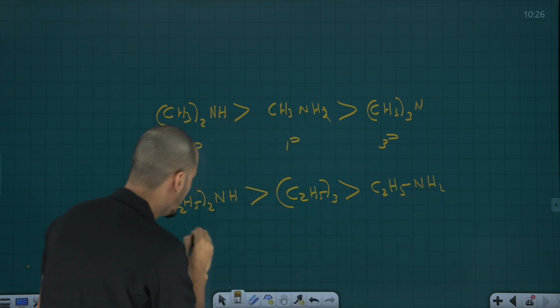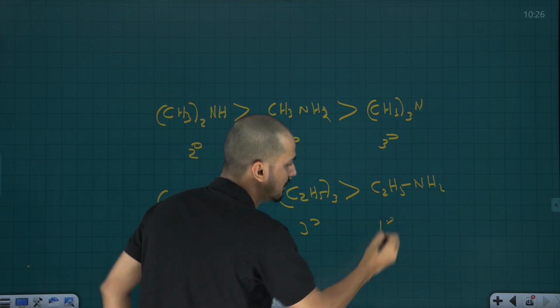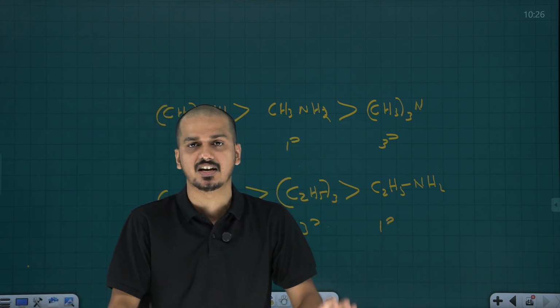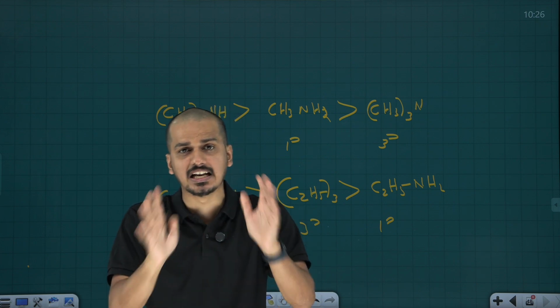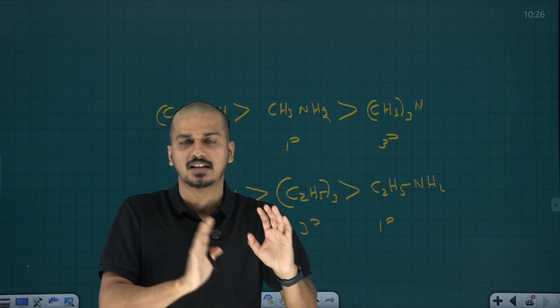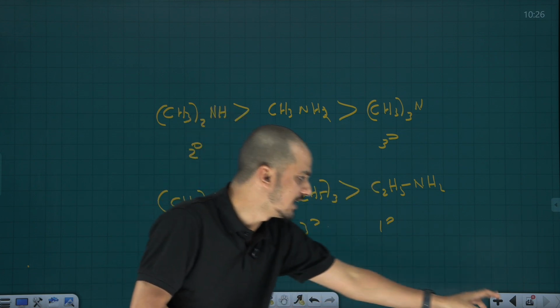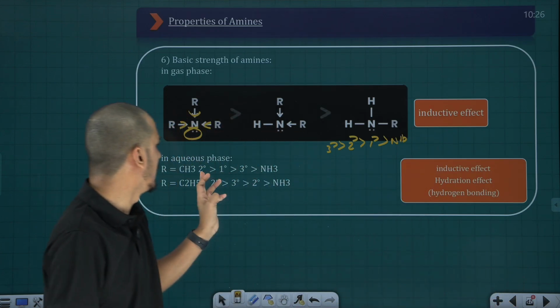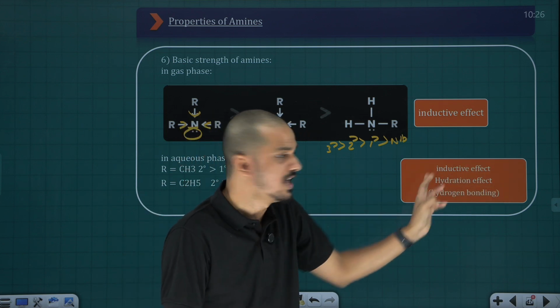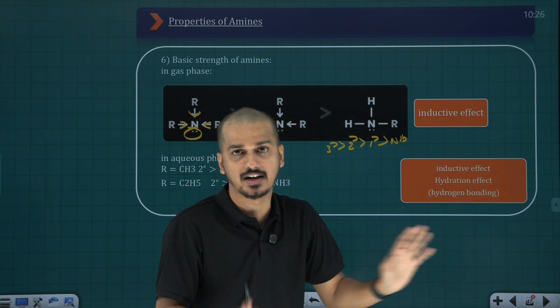That idea you have to remember. Secondary, tertiary, primary, then ammonia, and aromatic amines are less basic. Why? Aromatic amine, that means aniline, is less basic because that lone pair is taken for what? That resonance. That's why it is not available for donation. That idea also you have to keep in mind. So in aqueous state, we are telling that basic character is because of inductive effect as well as hydration effect. Those two ideas we are using.